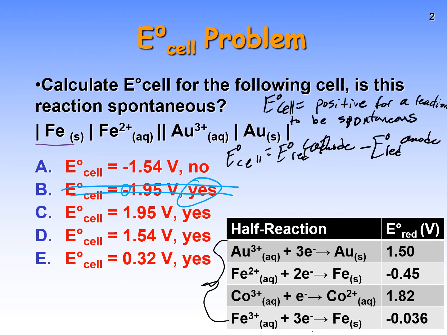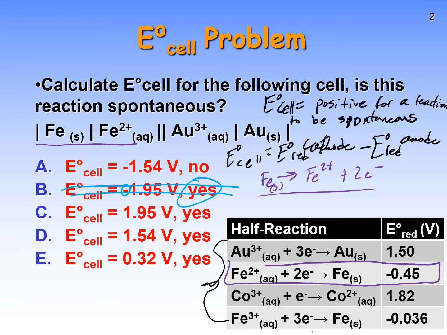But nonetheless, we have this cell notation, so I know my anode is Fe solid going to Fe2+ plus 2 electrons. Now this is an oxidation, so this is my anode.